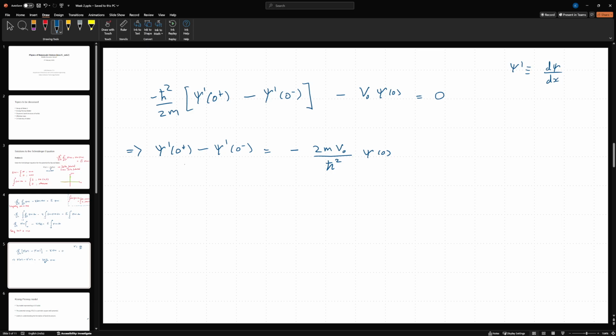Now what does this mean? What this means is the value of the derivative of the wave function as I'm moving, 0 plus and 0 minus are neighborhoods, again, like in basic analysis or introductory calculus courses. Let me write this in a better way.